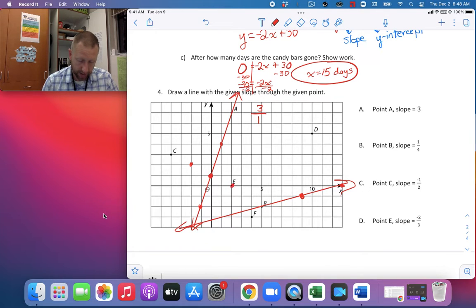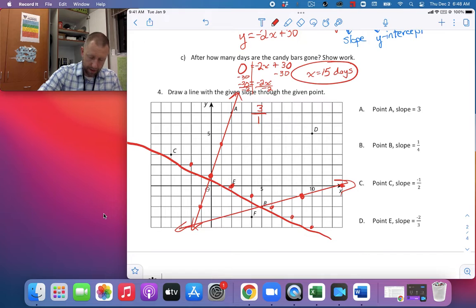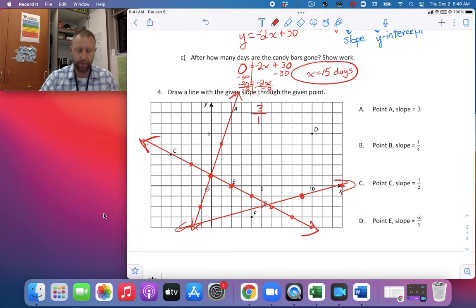Down 1 to the right 2, hey look, I hit point E. Down 1 to the right 2, right there. Down 1 to the right 2, just past point B. Down 1 to the right 2, and down 1 to the right 2. That's a lot of points, but look how nice and easy it is for me to make a straight line now. Okay? Go ahead and, whoa, completely miss it, apparently. With the magic of the iPad, make a nice straight line.